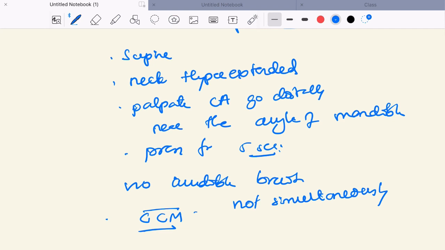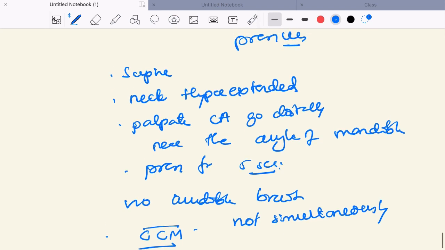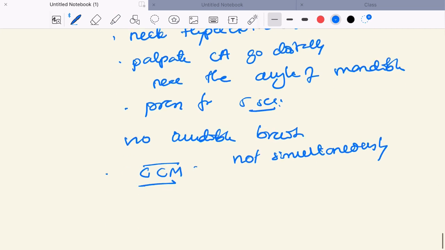Carotid sinus pressure has to be done only after ruling out any audible bruit over the carotid. So there should not be any audible bruit, you should not do it on both carotids simultaneously, and there should be continuous cardiac monitoring. It's the most commonly done maneuver for PSVT.